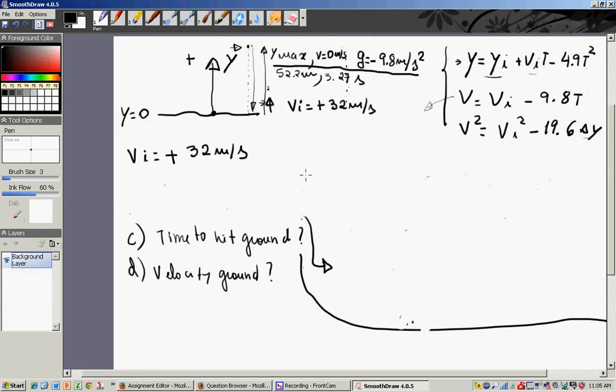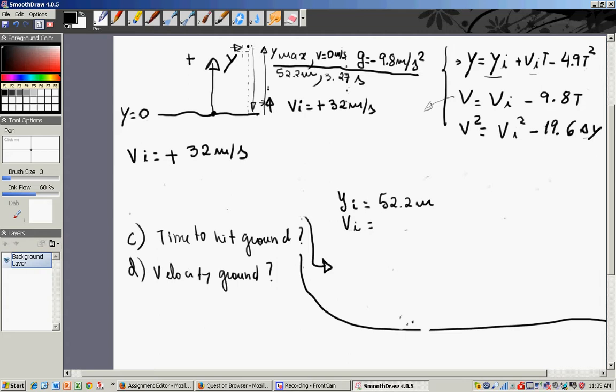And now I have a problem, which is this. What is the time to hit the ground? My initial position now, look at this, is 52.2 meters, right?